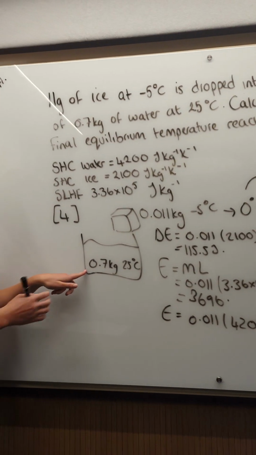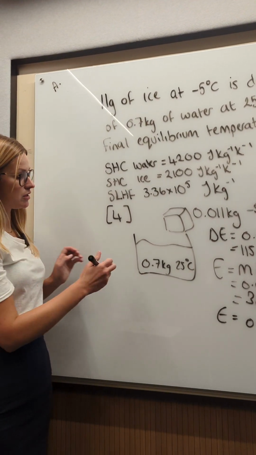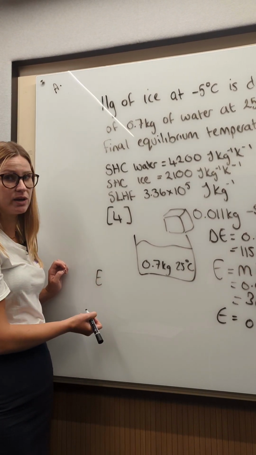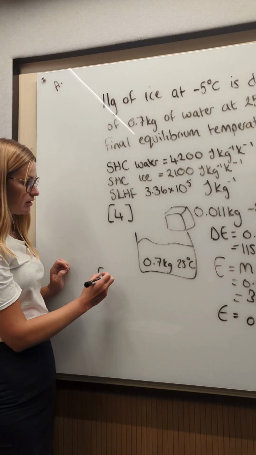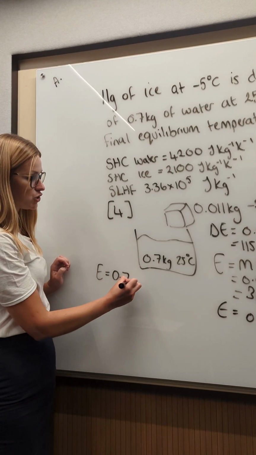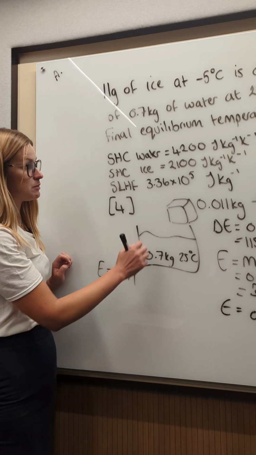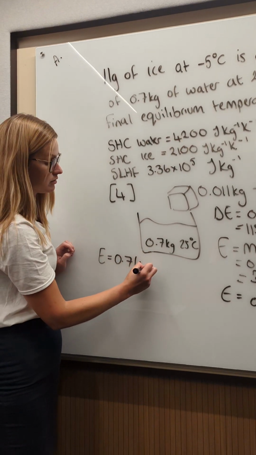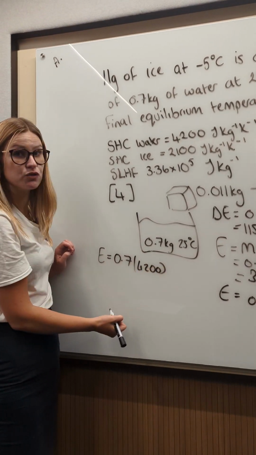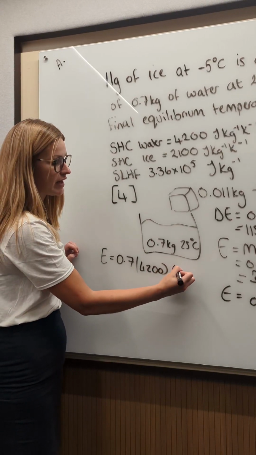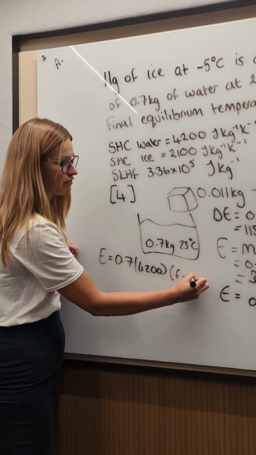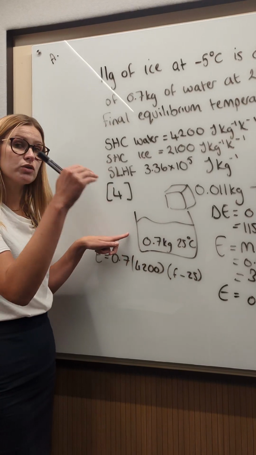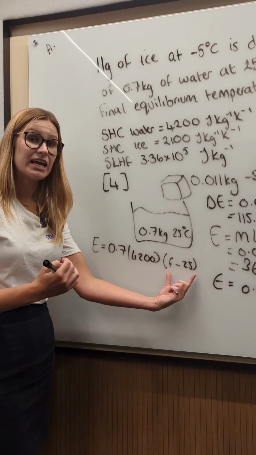And then for our water, we said the water is going to drop in temperature. So for the specific heat capacity equation, the change in energy is the mass of water at 25 degrees Celsius times the specific heat capacity of water times the change in temperature. Normally we'd write final minus initial, and the initial is 25. But because we know this water is going to drop in temperature, that's going to give me a negative number.